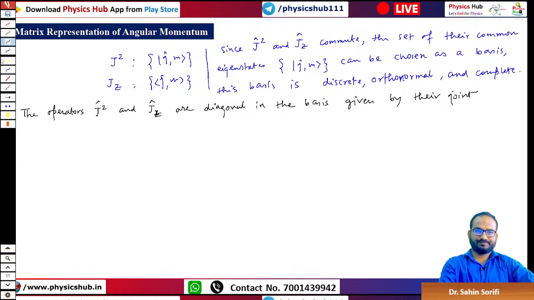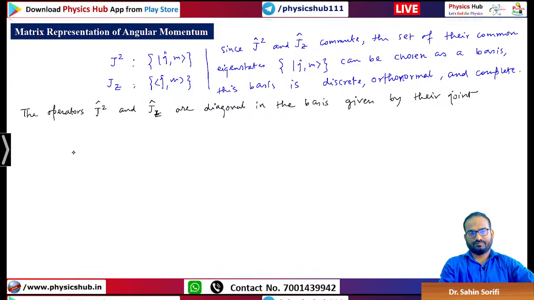So you see, <j' m'| J square |jm> is j into j plus 1 h cut square delta j' j delta m' m.